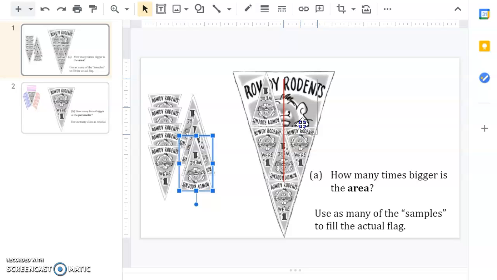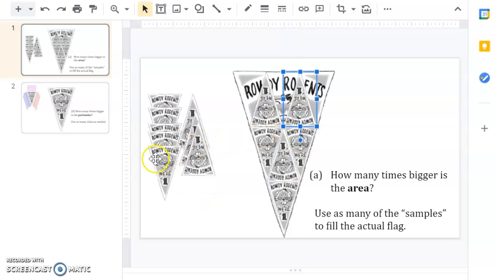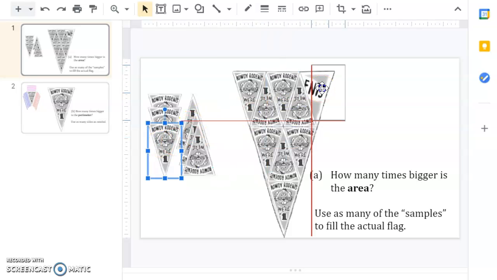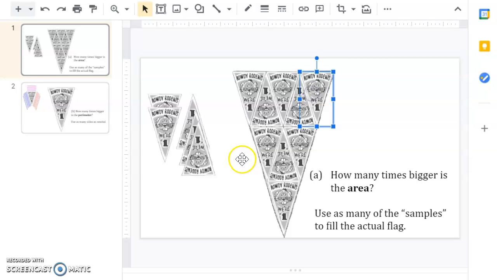It turns out you should be able to fit exactly 9 of them. You should be able to fit 1, 2, 3, 4, 5, 6, 7, 8, 9 of them. What does that mean? That means the proportion of the sample area to the actual area is 1 to 9. Okay, what about perimeter?